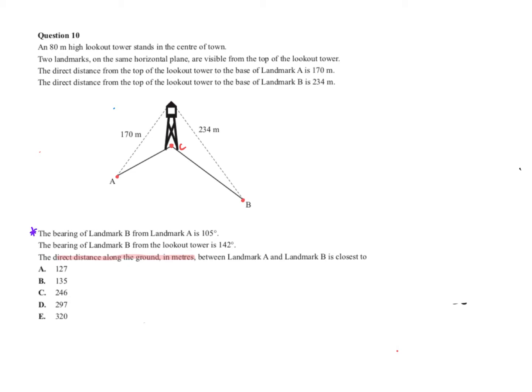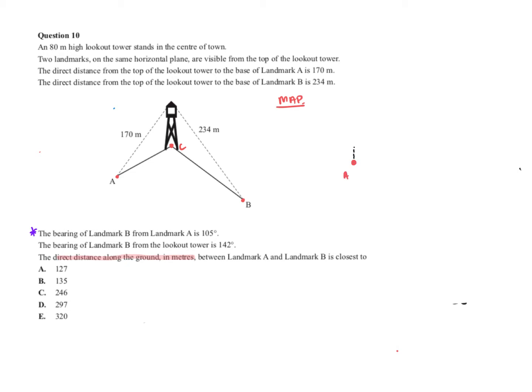When they're talking about bearings, we're talking about on the ground. So we're going to draw a map version of what's going on. We've got landmark A on the ground.